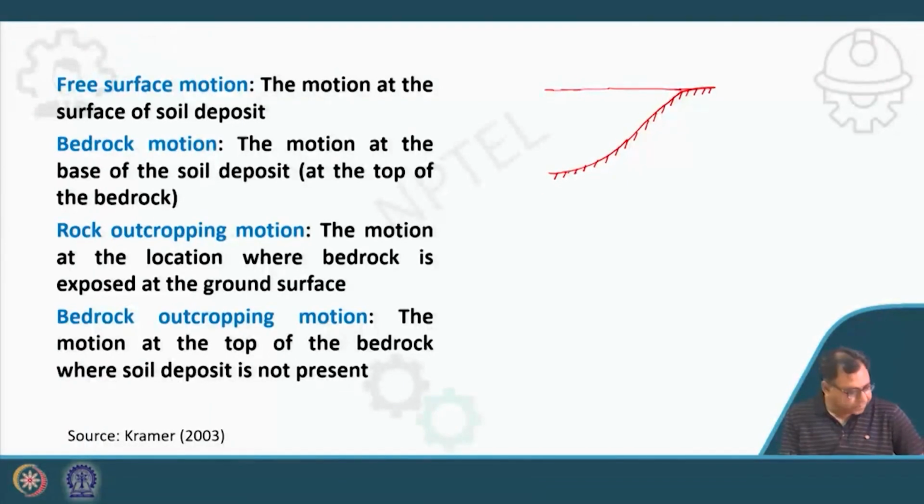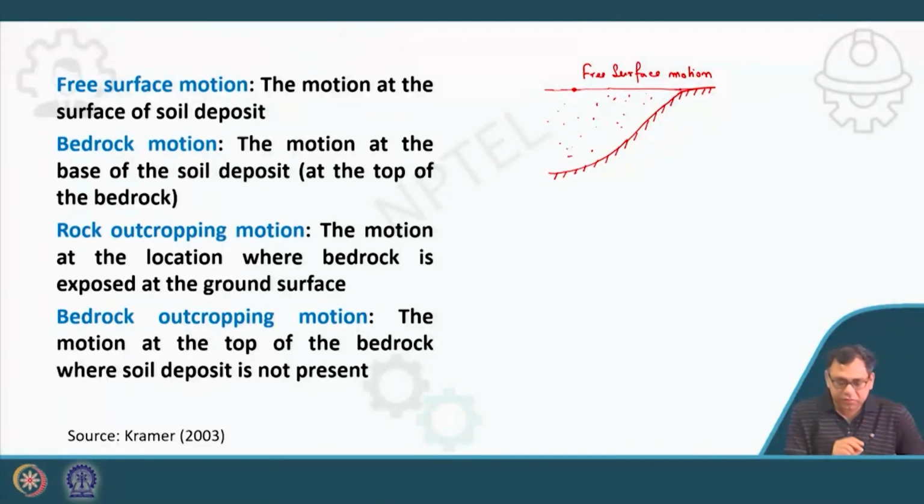This is the soil deposit, and this is the surface of the soil deposit. The motion at the surface of the soil deposit is called the free surface motion.